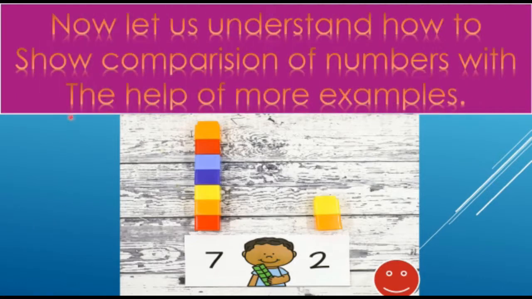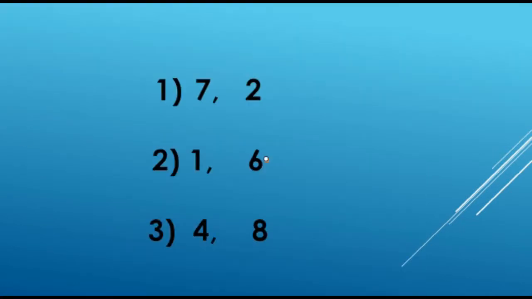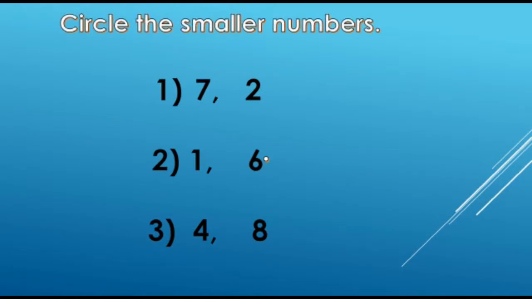Now let us understand how to show comparison of numbers with the help of more examples. All of you see this question. Okay, I will read it. All of you listen carefully.